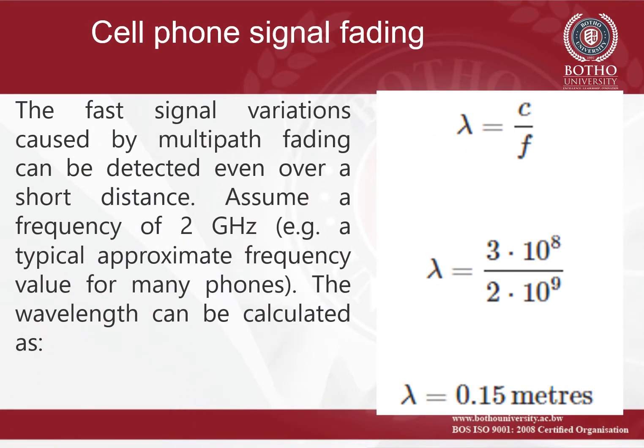If the values are substituted across the correct variables, we get the value of 0.15 meters as wavelength.